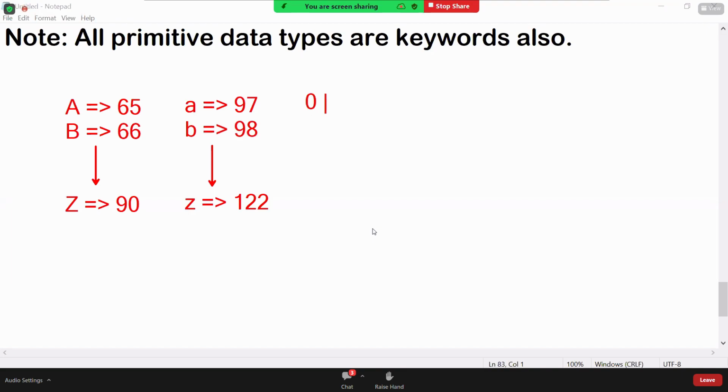Digits, if you write 0, that number is also there, 48. 1 is 49. If you write 9, it is 57.